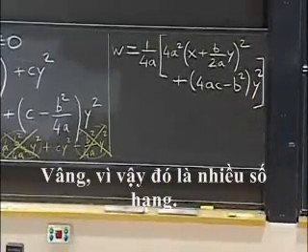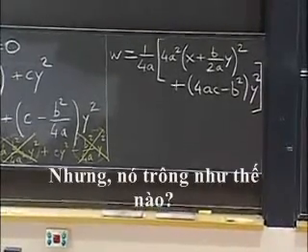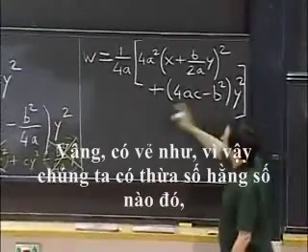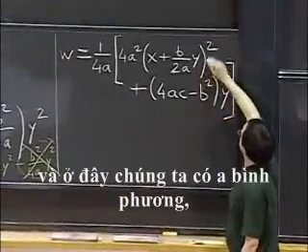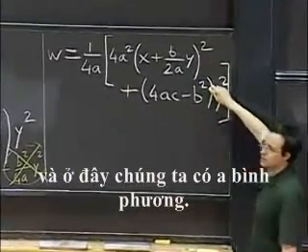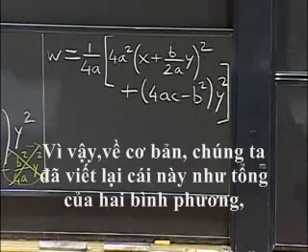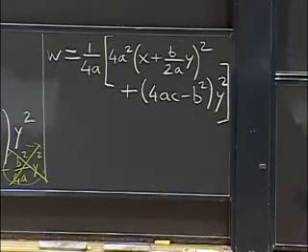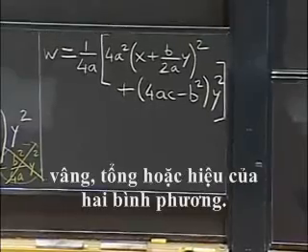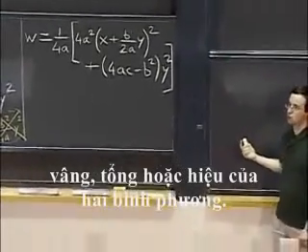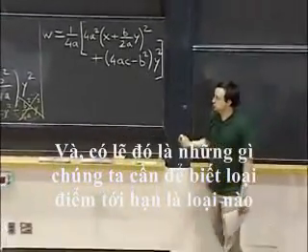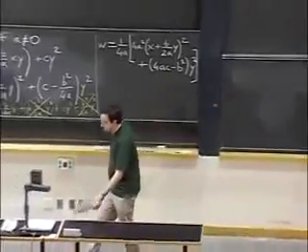Okay, so that's a lot of terms. But what does it look like? Well, we have some constant factors, and here we have a square, and here we have a square. So basically, we've written this as a sum or a difference of two squares. And maybe that's what we need to figure out to know what kind of point it is.